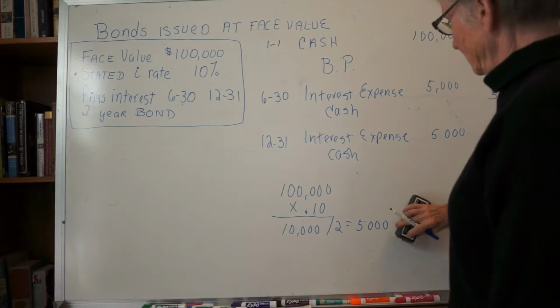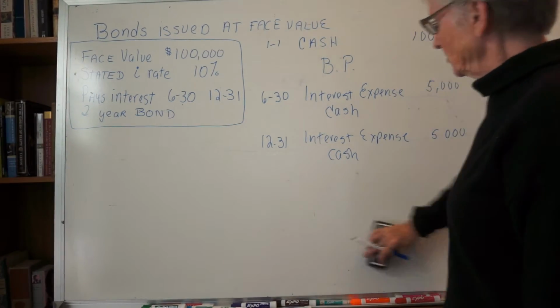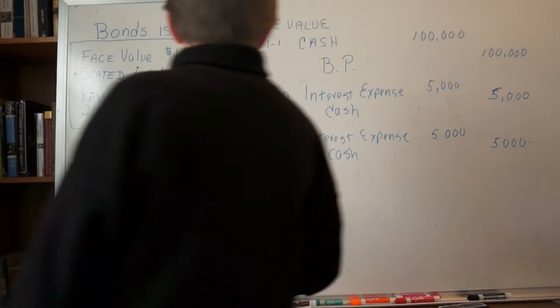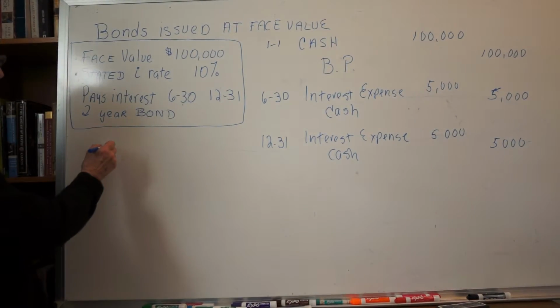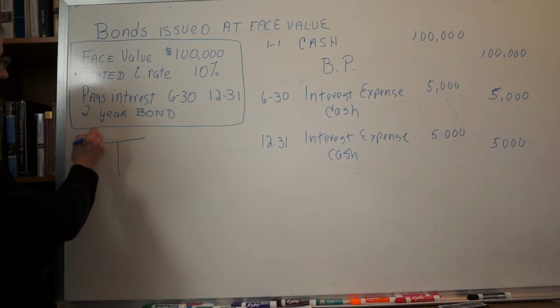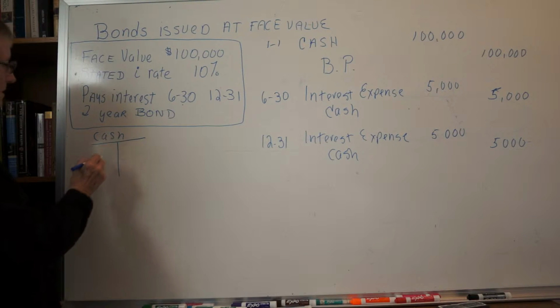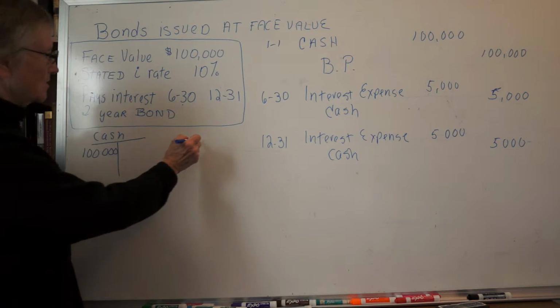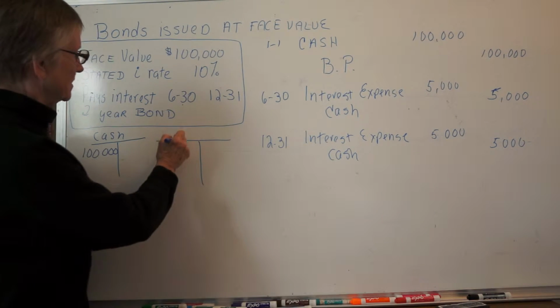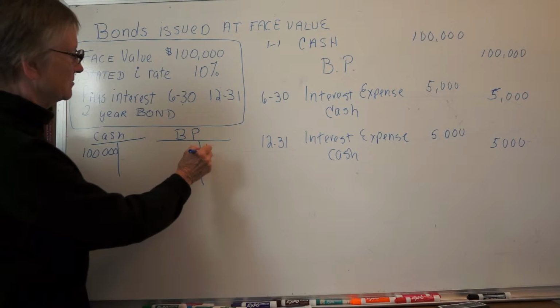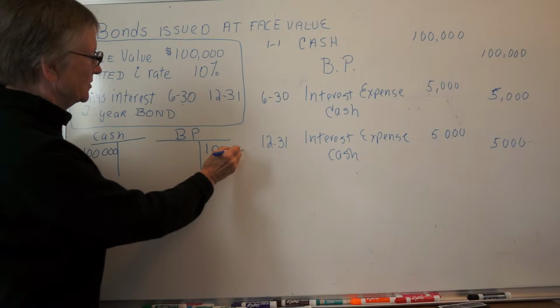And so I don't really feel the need to write them all out again, but let's do some T accounts of how this bond works. Okay, so what we've done so far. We issued the bond, and so we got the cash of $100,000. We have the liability, our long-term liability of the bond payable, also $100,000.